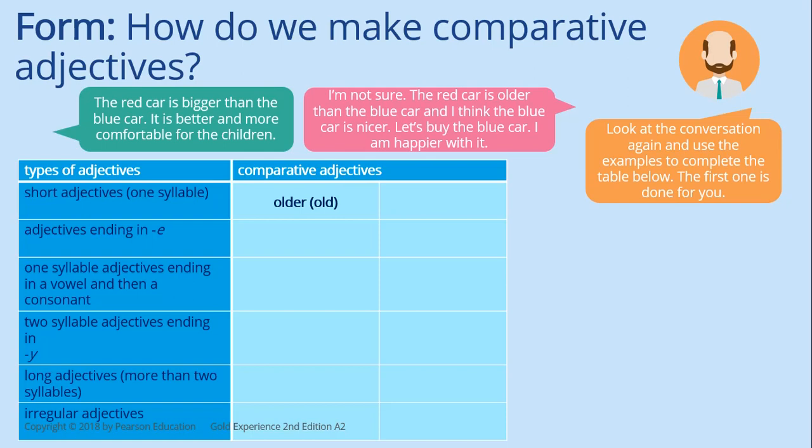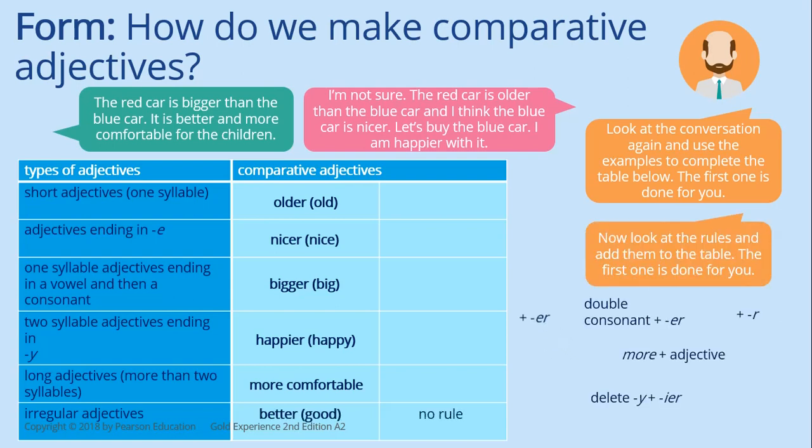Adjectives ending in E, nice, nicer. One-syllable adjectives ending in a vowel and then a consonant, big, bigger. Two-syllable adjectives ending in Y, happy, happier. Long adjectives which have more than 2 syllables, comfortable, more comfortable. And irregular adjectives such as good, better.